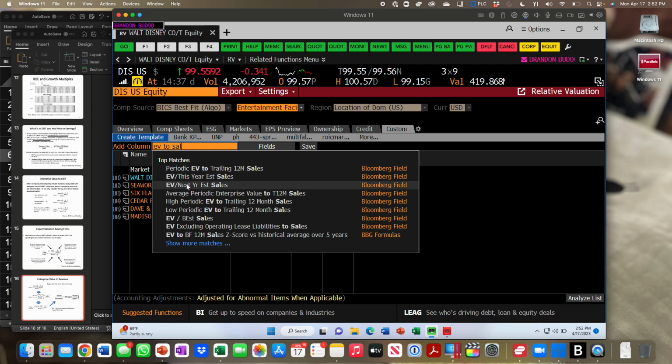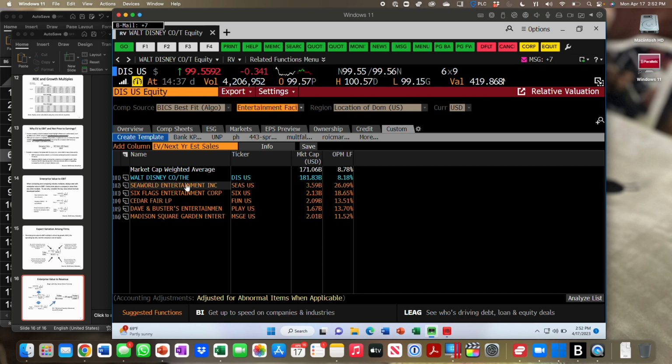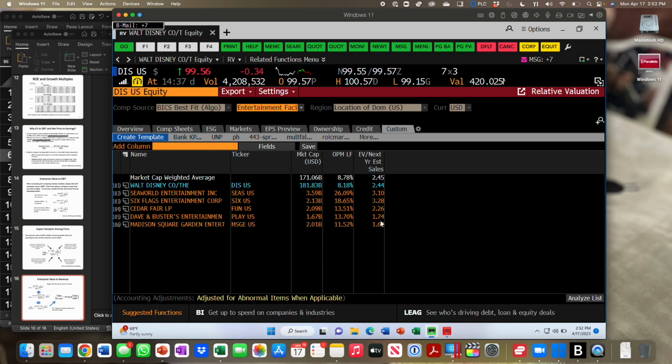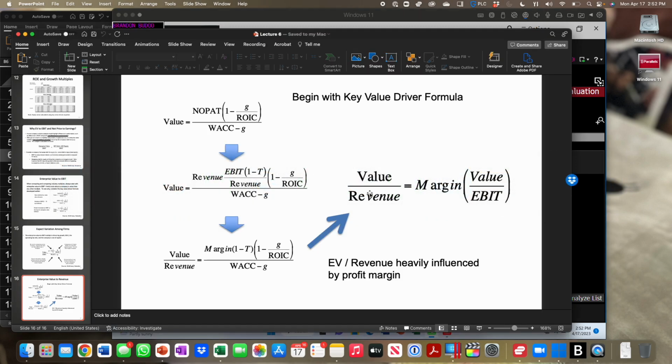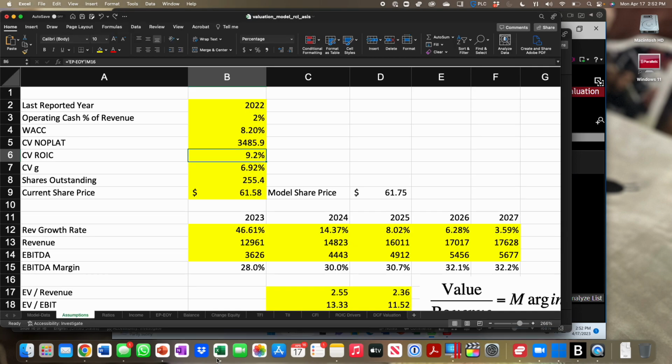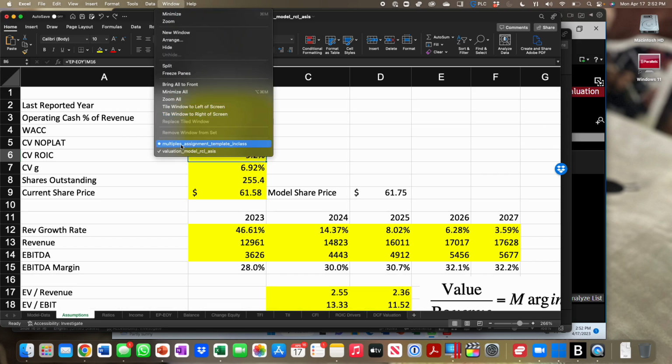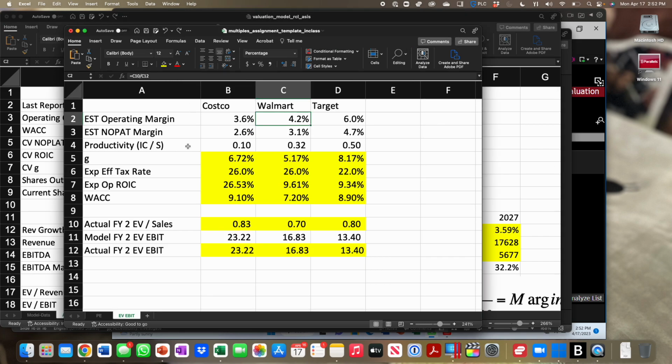EV to sales multiples for these companies are 2 to 3, which means I pay $2 of value for every dollar that they sell. The EV to sales multiple for Costco, Walmart, and Target, just because that's what we're about to do, are 0.7 to 0.8. So that's the point.